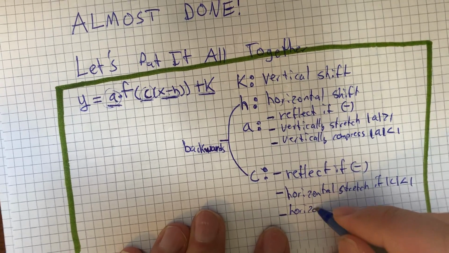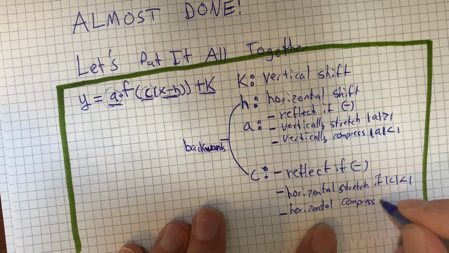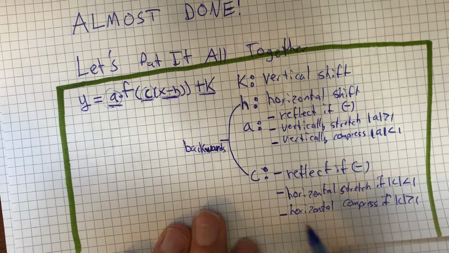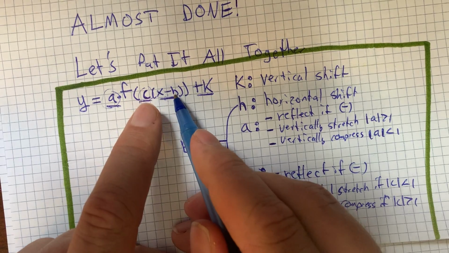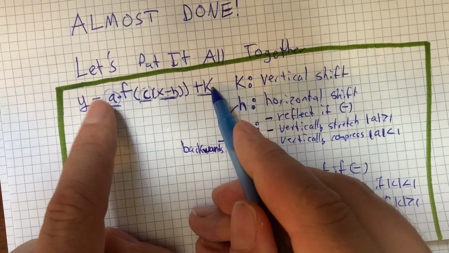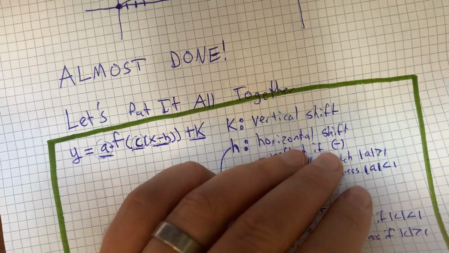And a horizontal compress if the absolute value of C is greater than 1. So notice that H and C are both on the inside, and they're both backwards from what you might think. H and C are both horizontal things. A and K are both vertical things. And so there's some sense there.